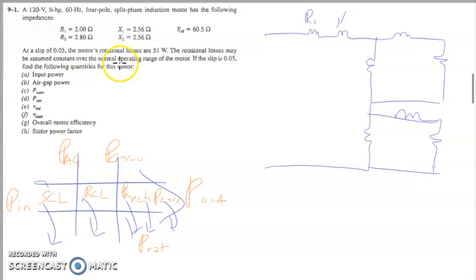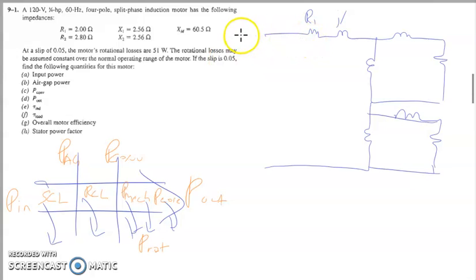Line to line impedance is the total impedance from line to line. You can use that to find P in and the efficiency of your motor. Assume that this data is given. My advice is to try to visualize what is where.